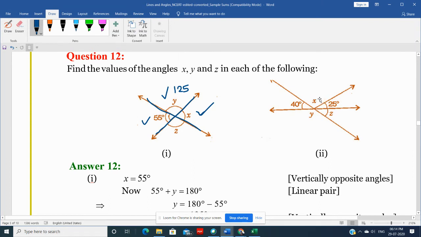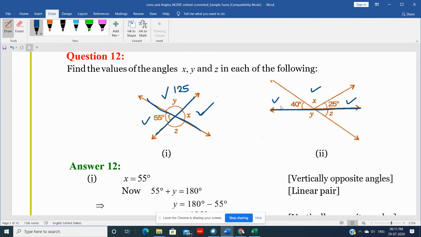If you want to talk about x, you can say that, see, can you see these three angles, 1, 2 and 3? These three angles are on the same line, means they sum up to 180.